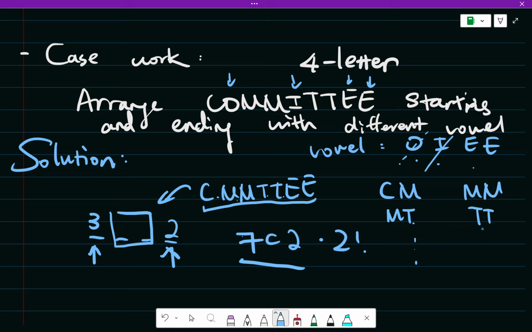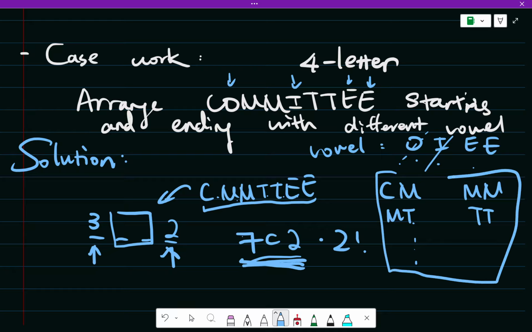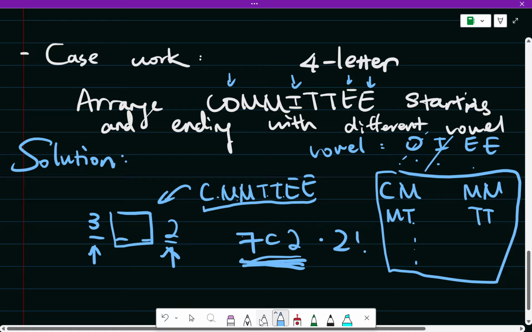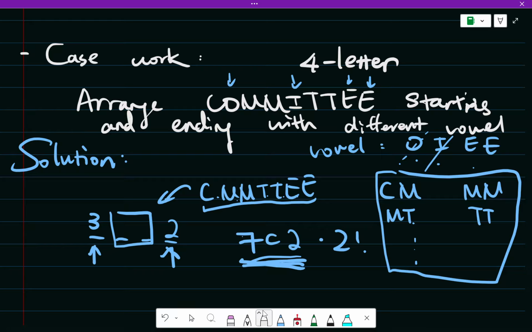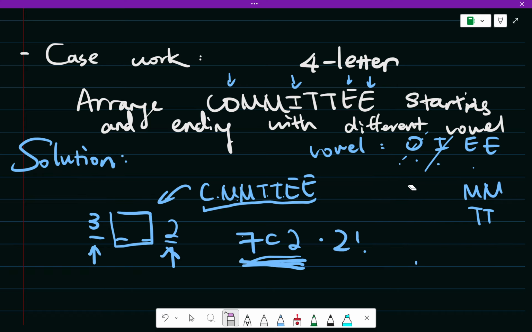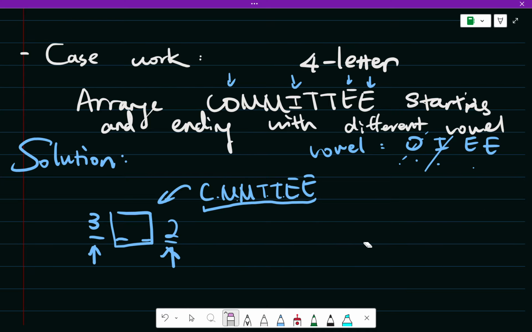And we will count T, T and T, T as different. So there's definitely some overcounting here. But not everything is overcounted. So we can't just simply divide 7 choose 2 by some number to reduce the overcounting problem in this question. So this method actually doesn't work out very nicely.